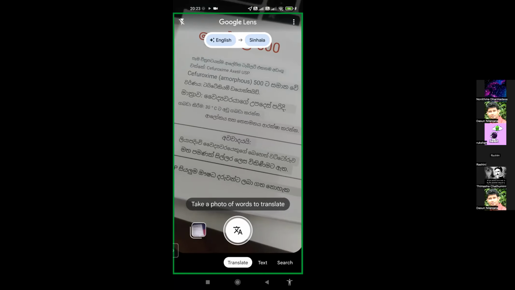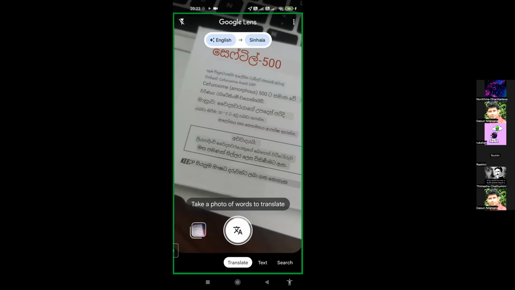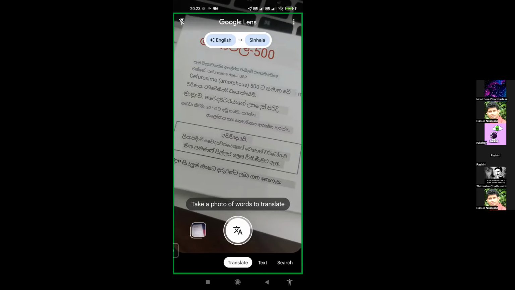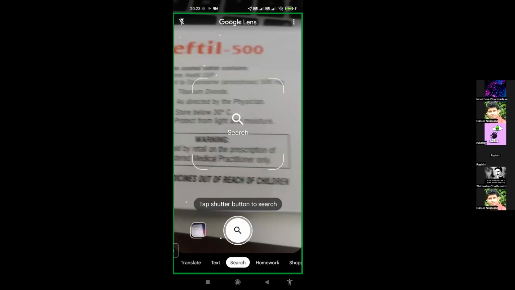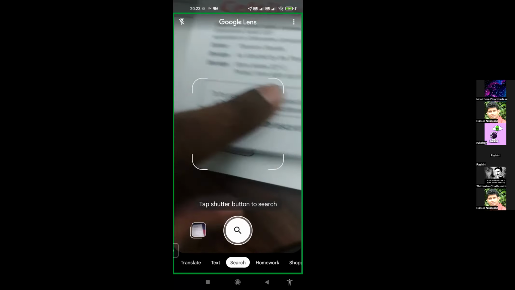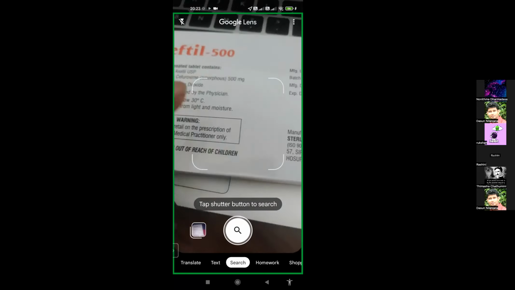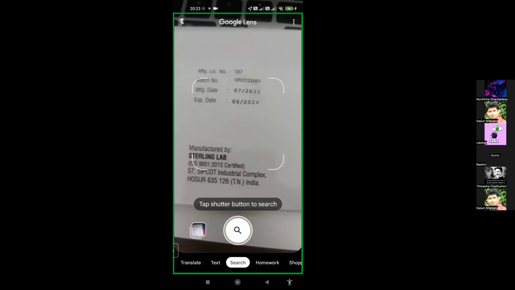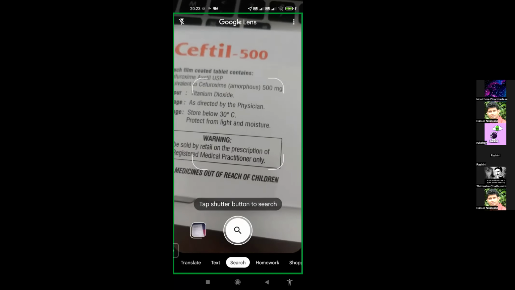Then what is happening here? The text is printed here. You can see this text is printed here.